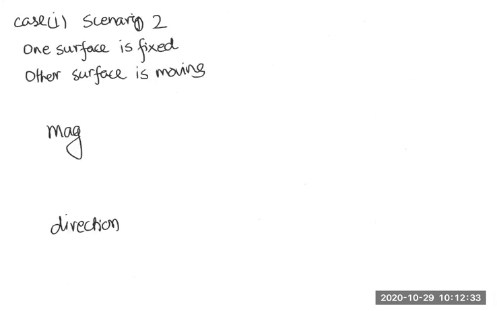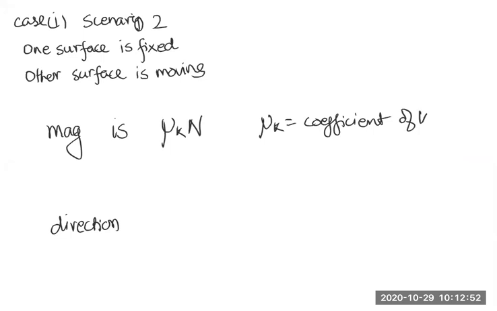Here, in scenario 2, the magnitude is fixed. It is equal to mu k N. Mu k is the coefficient of kinetic friction.